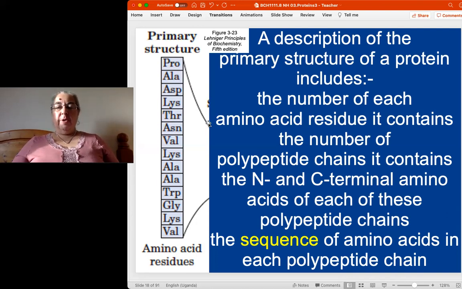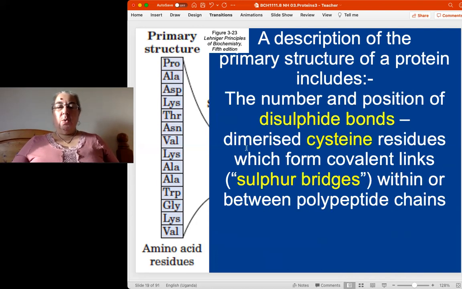The primary structure of a protein also includes the number and position of disulfide bonds, the second sort of covalent bonds that we find within a protein. A disulfide bond is made from two cysteine residues, which are able to form a covalent link with each other, sometimes called sulfur bridges.